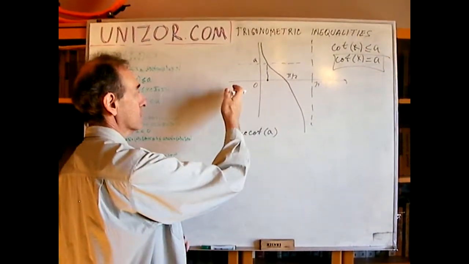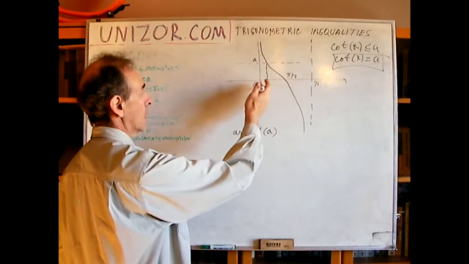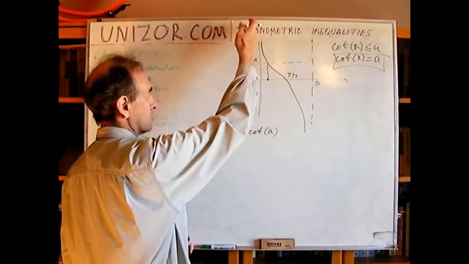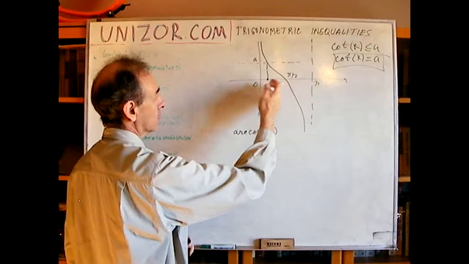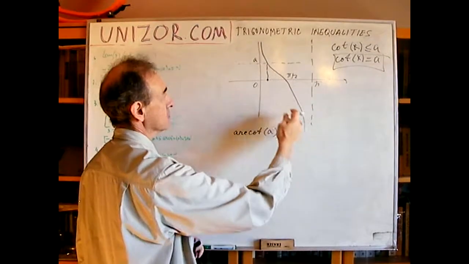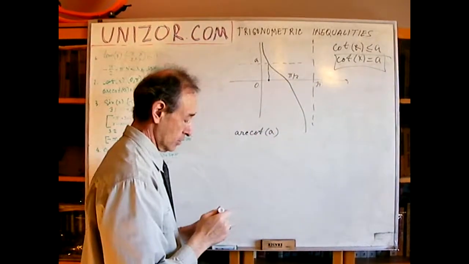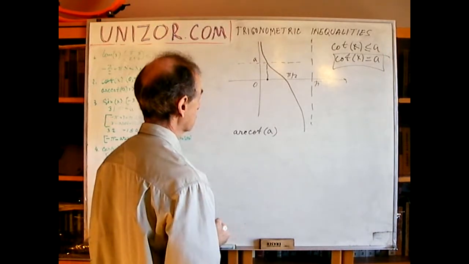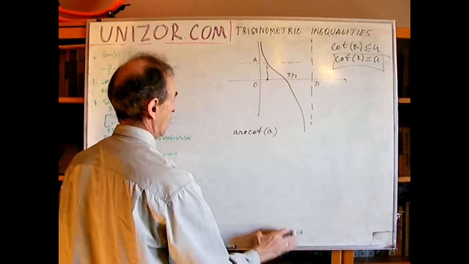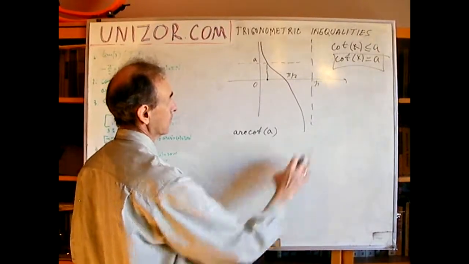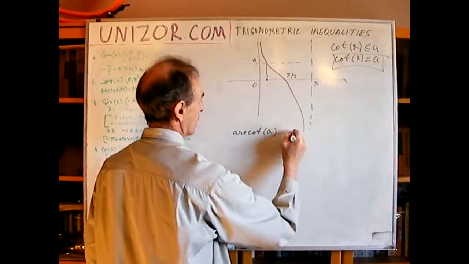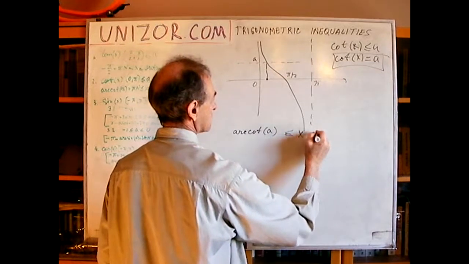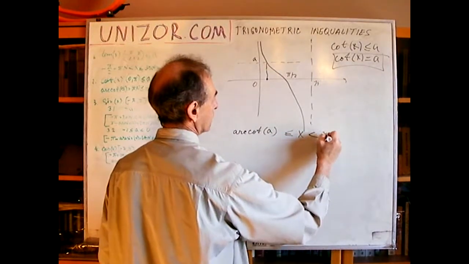So on the left from this point, my function cotangent is above a, and on the right it's below a. So if I need the solution to this particular inequality, I have to do it the following way. We need less than or equal. So from this, x less than pi.